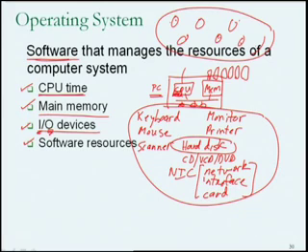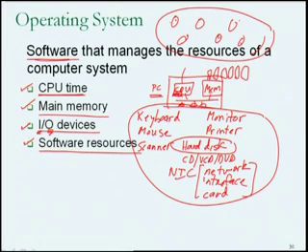We've also seen that the operating system is involved in the creation, termination, or manipulation of these processes. Therefore, from the operating system perspective, the processes and other objects of that type are software resources that have to be managed.